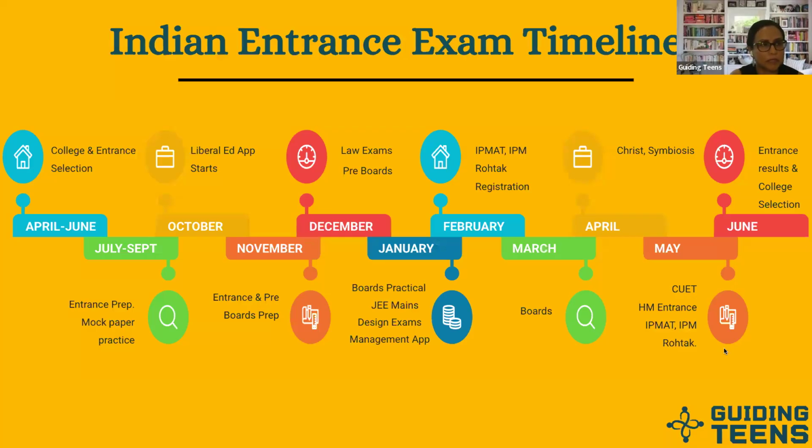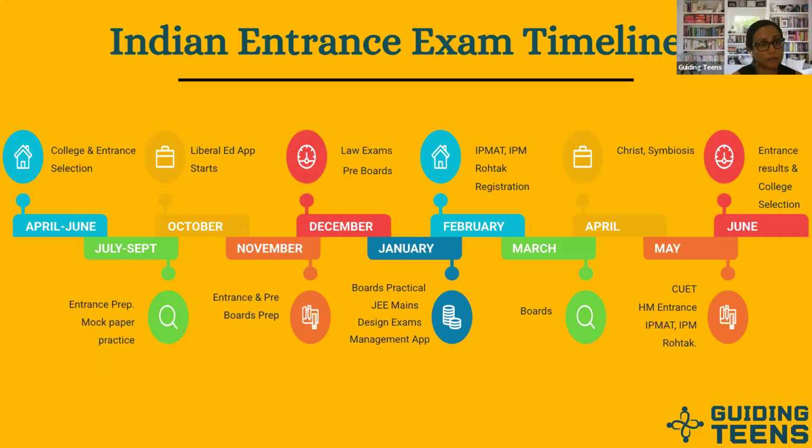Okay, so this is a timeline slide, and we'll show this again towards the end once we've gone through some of these. But I think what makes the Indian application space really, really complex is the lack of standardization across domains, across private and public, and so on. And this is not even an exhaustive timeline.